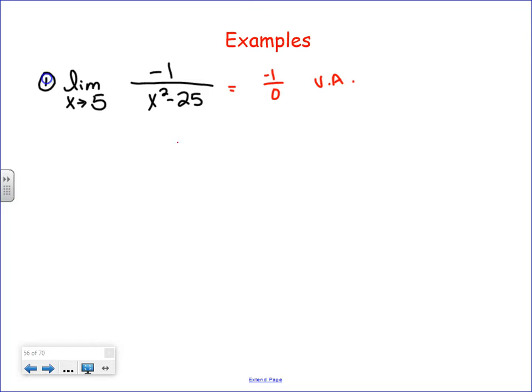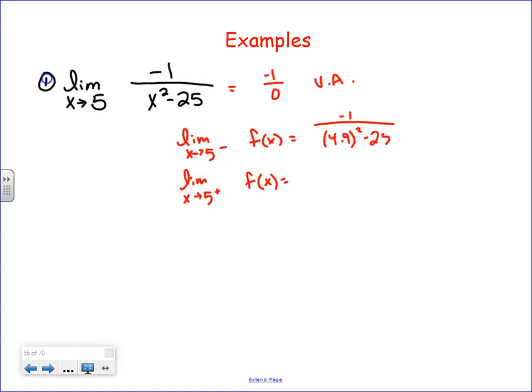Now we say, uh-oh. Let's come from below 5. And let's come from above 5. Pretend plugging in what? 5.1. 4.9. Oh, below. Now hold on, this is harder. I don't know what 4.9 squared is, but I know it must be less than 25.